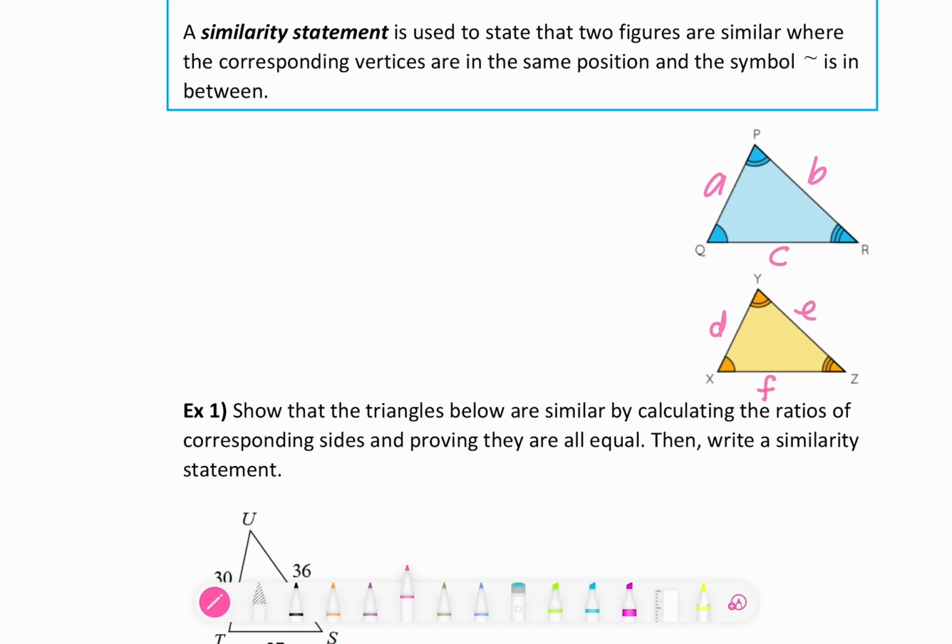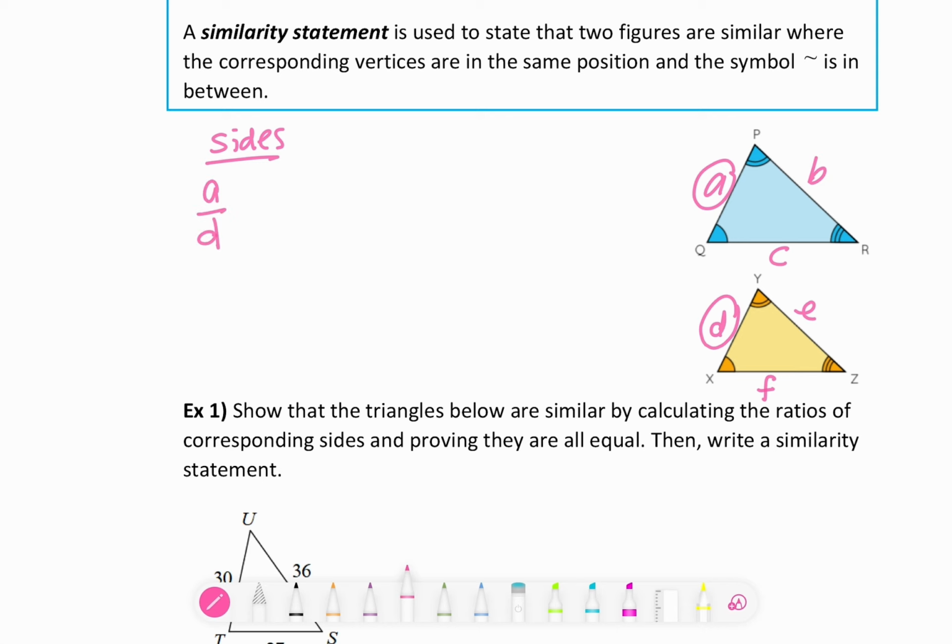So let's look at the sides. If I look at A, for example, which corresponds with D, I know that because I can look at the angles. This has 2 arcs and 1 arc. Okay, so those two sides are corresponding.